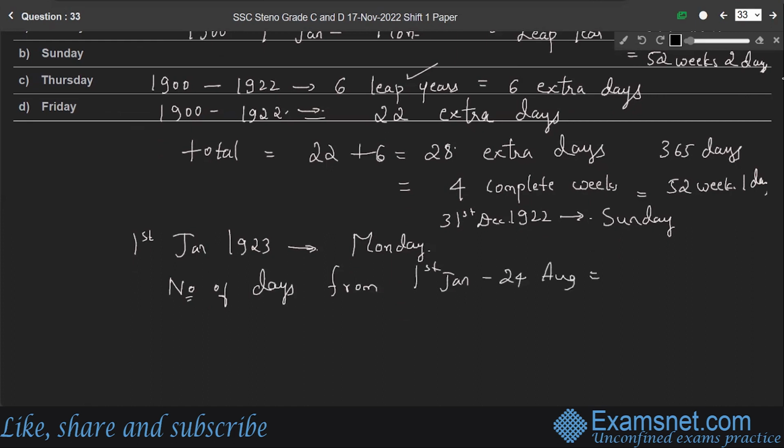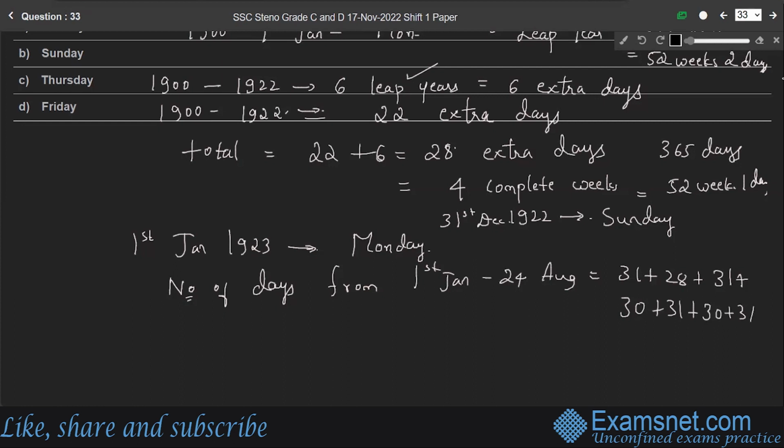In the month of January, 31 days, plus in the month of February, 28, since 1923 is not a leap year. Then March 31, April 30, May 31, June 30, July 31.